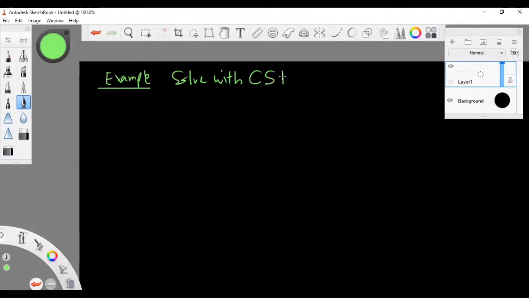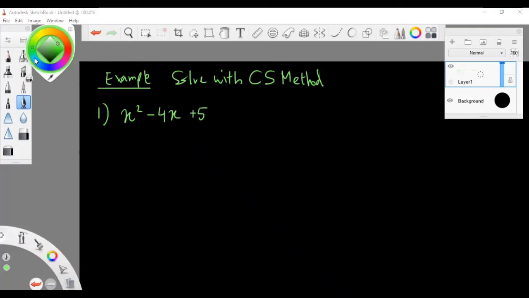Complete square method. Okay. So I have x squared minus 4x, better to make it simple for the first part, plus 5. See, there is one term that does not exist from my first explanation.